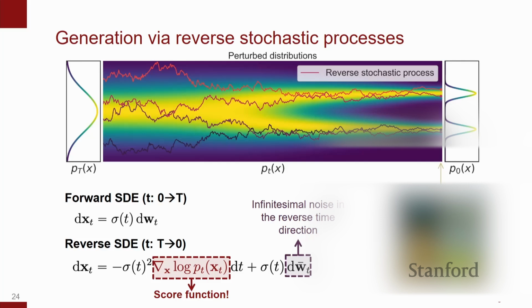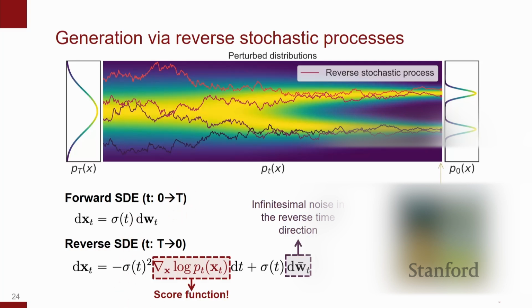So basically this is the equation. This exactly inverts the original stochastic differential equation if you know the score function, which you don't. So you're right that we don't know it, but if you knew it, then you would be able to exactly invert the process.